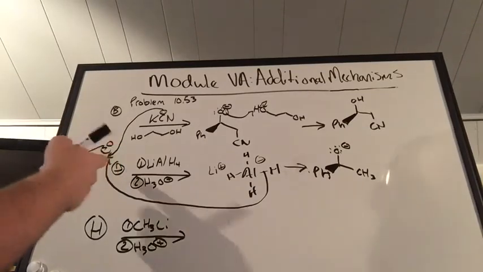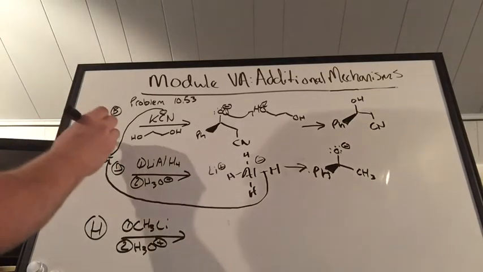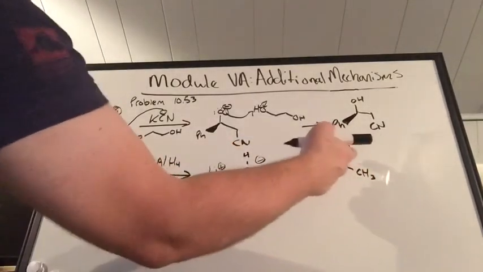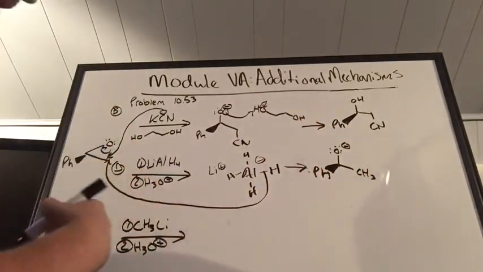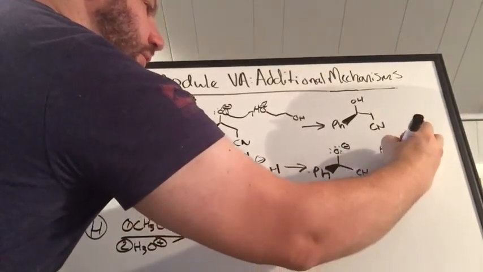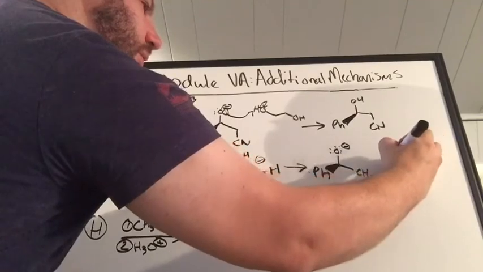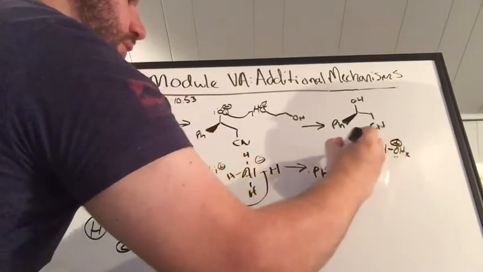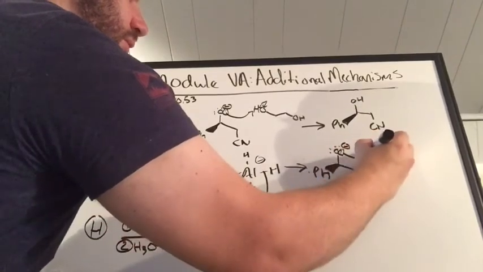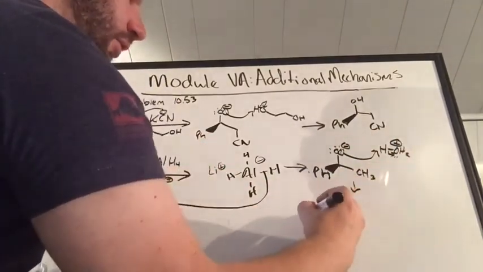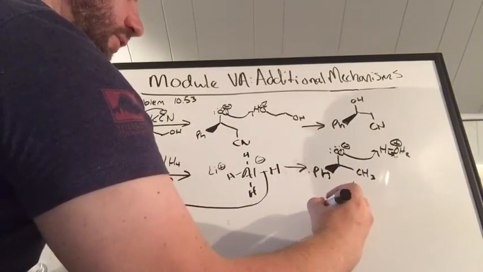Right? So the ring's been opened yet again. Okay, so then this basic species is just going to pick up a proton from H3O. Okay, and then you have your product.